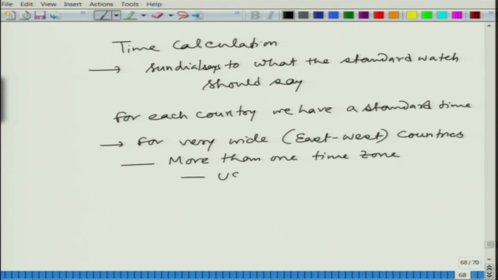Like in the US you have 4 time zones. So, the time in New York is not the same as the time in Chicago, it varies. That is how they manage this problem, and in India also we are thinking of introducing more time zones, so that the sunny hours can be utilized much more effectively.